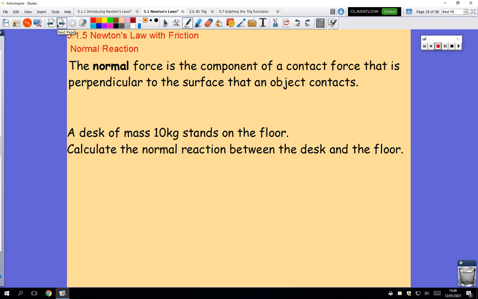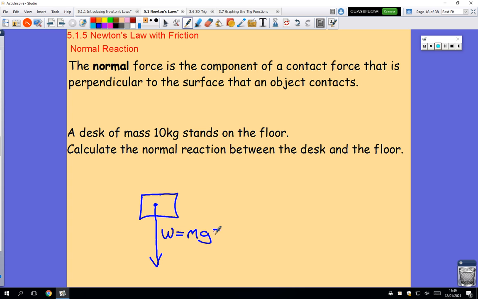A couple of things about normal reaction first. Let's just look at an example. It says a desk of mass 10 kilograms stands on the floor. Calculate the normal reaction between the desk and the floor. There's my desk, this is my force diagram. What forces are acting on it? Well, the force acting on the object by gravity is called the weight of the object, which is always equal to the mass of the object multiplied by little g.